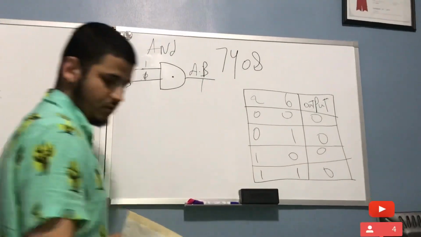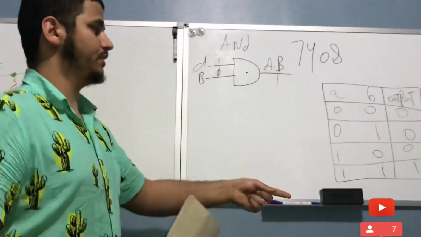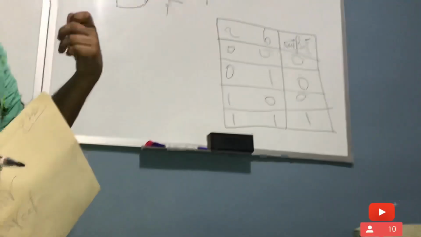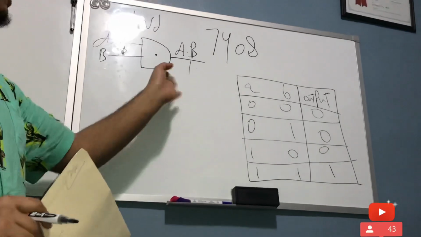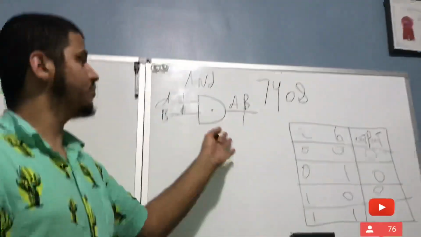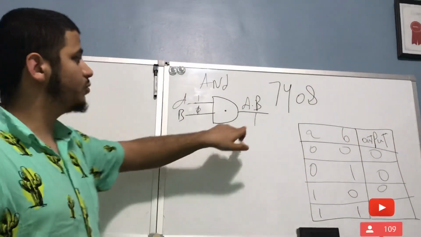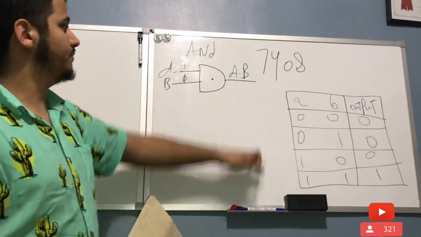I'm sorry, not 0, the output will be 1. It becomes positive: the input is positive, the output is positive, 1 1, the output is 1. If we put A and B, the output will be A point B, A times B.